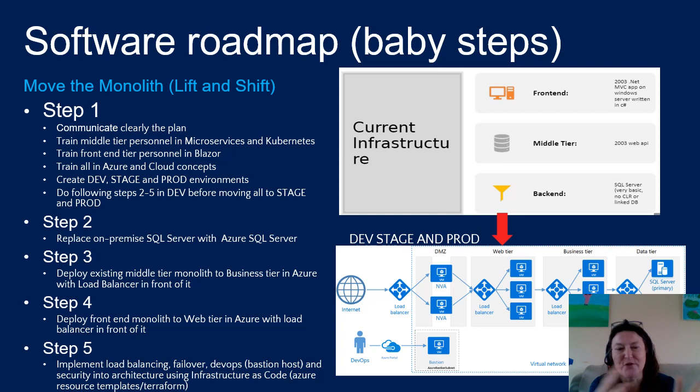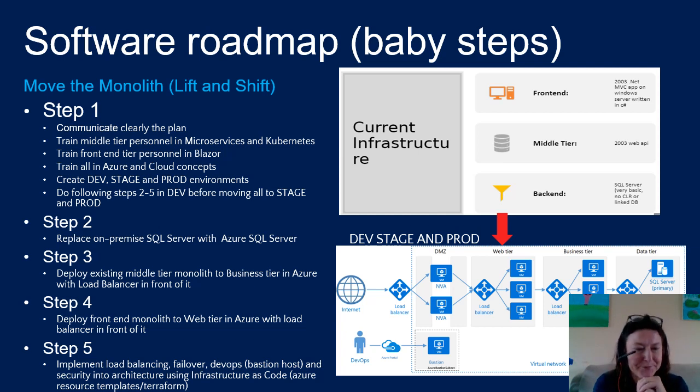The SQL Server can be lifted and shifted exactly as it is, without any code changes. Azure managed instances make managing that SQL Server even easier than it is on premise, because Azure will handle things like scalability, backups and recovery, and failover, and all that kind of stuff. So that's really low-hanging fruit.